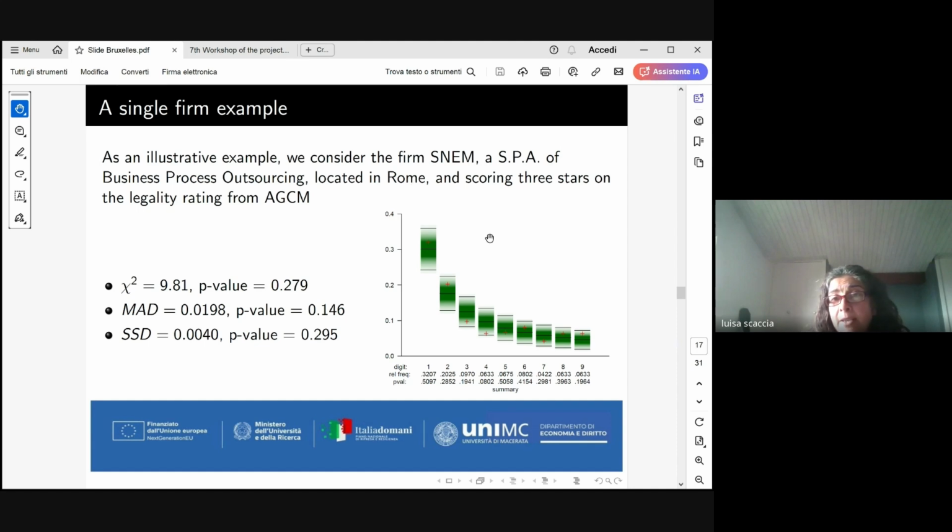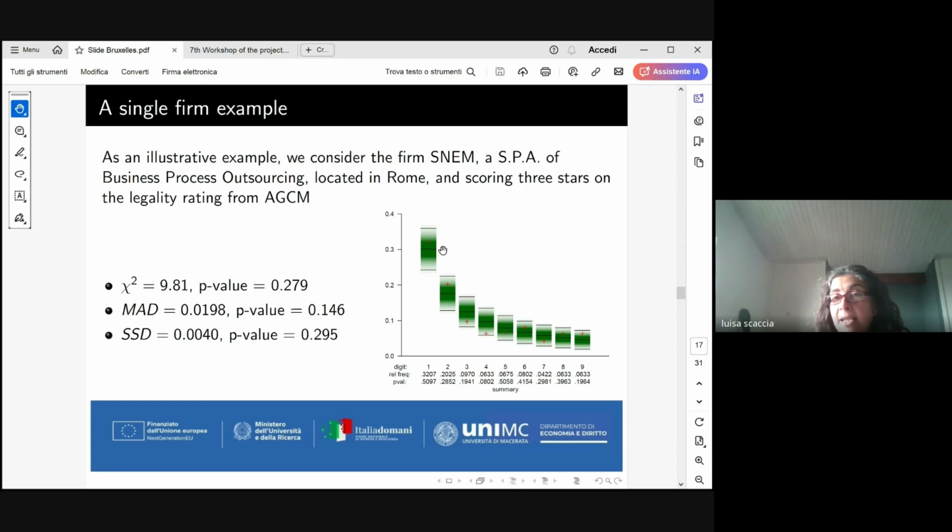Here in the plot, you can see a red cross indicating the relative frequency of observation for each digit. In the middle of this green interval, you have the corresponding probability according to the Benford law, and in green, you have a confidence interval for this probability.